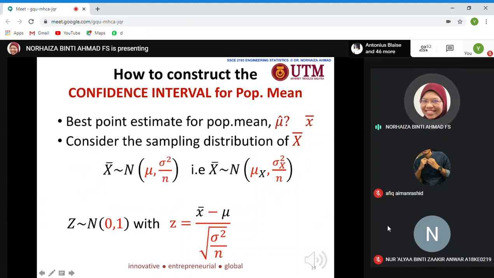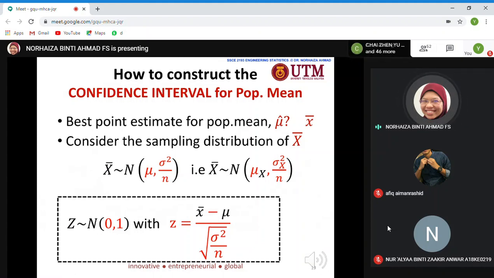In order to find the probability from this X bar, remember that you need to transform, right? So all normal distribution, if you want to calculate the probability, you need to transform it. So here you've got a transformation to a standard normal distribution, and therefore you have X bar minus mu over sigma over root n.